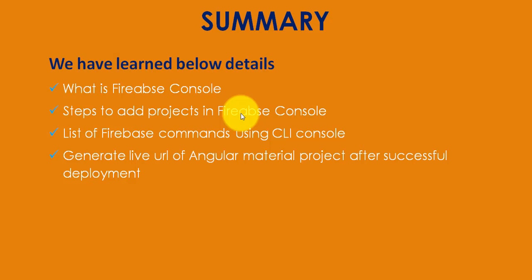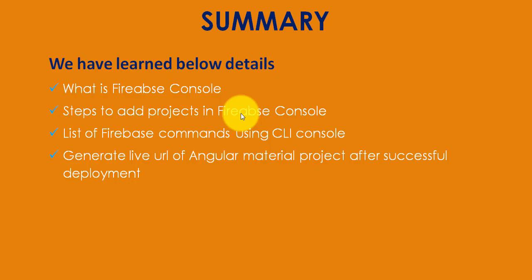Okay, now it is the summary part. In this part we have learned what the Firebase console is, how to add this project using the Firebase console, and the list of Firebase commands using the CLI console, which you can execute sequentially, one by one. After the successful execution of all these commands, you can generate the live URL of your Angular Material COVID-19 project after successful deployment.